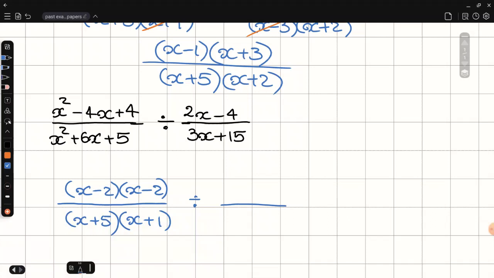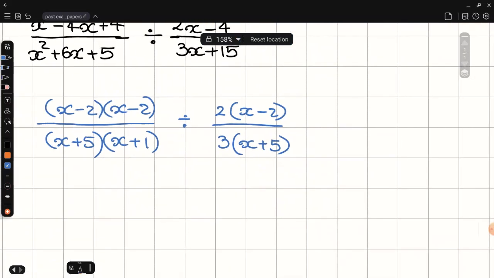We can see that this expression has 2 in common. If I take the 2 out of the bracket, we will have x minus 2 left behind. Then we can factorize the denominator, where you can see they have 3 in common. So we take the 3 out of the bracket, and we will have x plus 5 left behind.